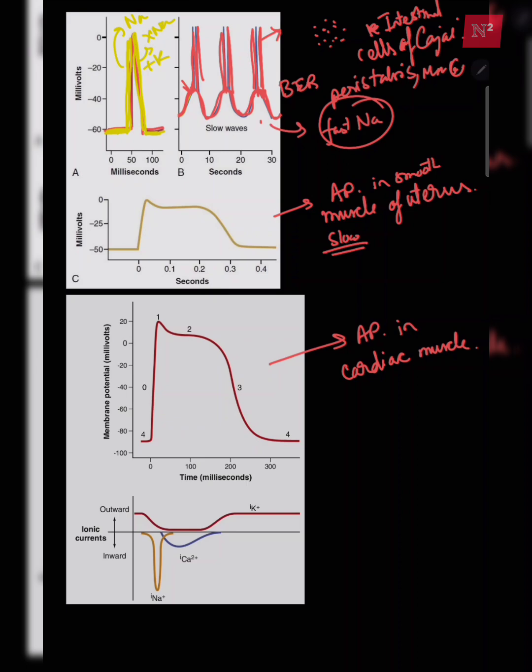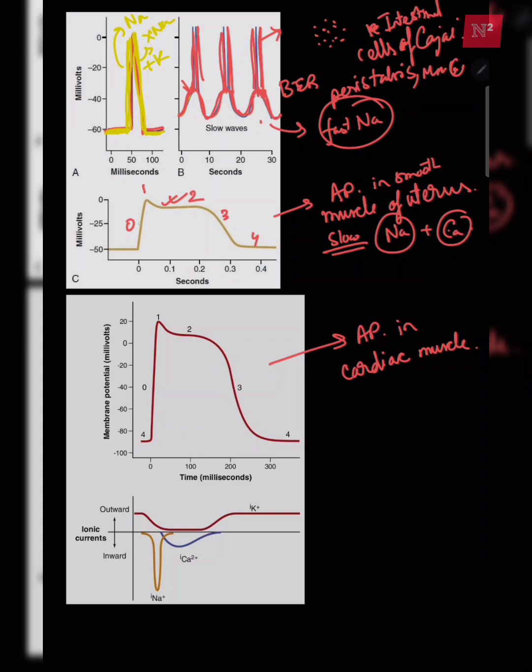But in the uterine smooth muscle, apart from having the fast sodium channels, it also has slowly acting calcium channels, because of which we get a plateau phase. So we have a phase 0, phase 1, then we have a plateau phase 2, and then we have a downward slope called the repolarization phase, and we have a resting membrane potential.